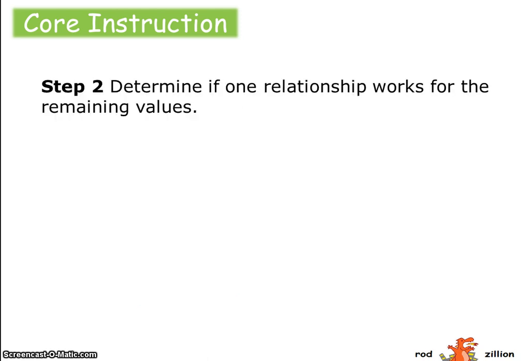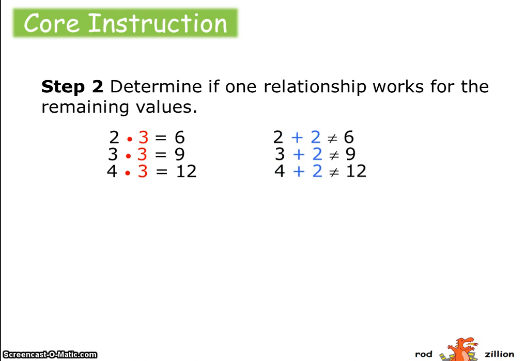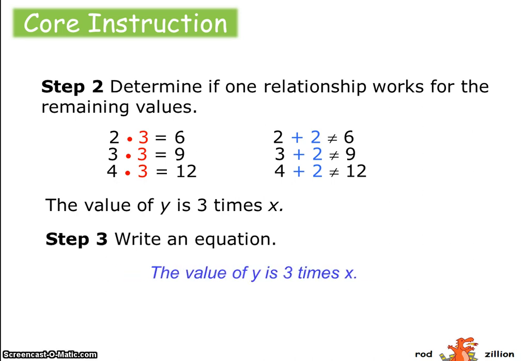So let's test those two possibilities. If I multiply x by 3 each time, it does give me the subsequent y values, whereas if I add 2 each time, it does not. So the value of y is 3 times x. Write an equation: the value of y is 3 times x, or y equals 3x.